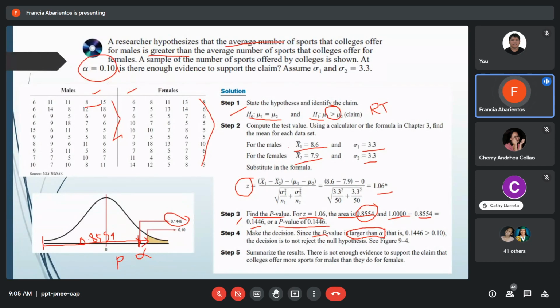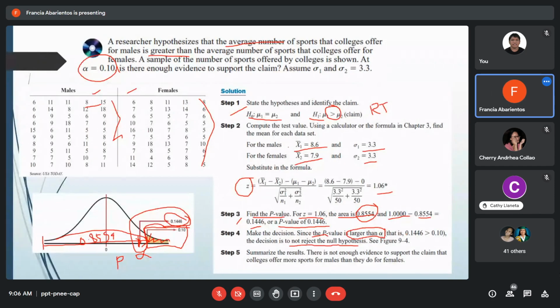Take note, ito yung alpha natin na 0.10. Since this is a right-tailed test, this is the rejection region, shaded part, and etong clear na to class is do not reject the null hypothesis. So, na-compute natin na p-value, it doesn't fall under the rejection region. So, the decision now is to not reject the null hypothesis. Okay?